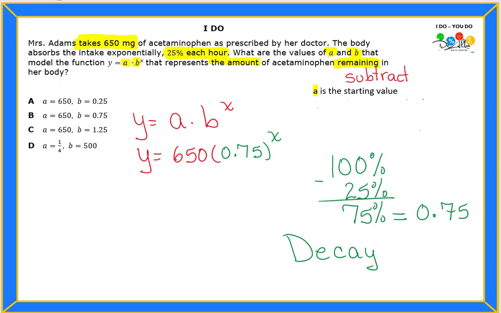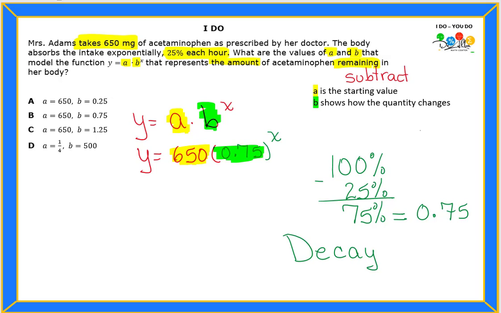And remember we said that B is how much the quantity is changing. So this is my A, which is how much we start with. And then we have B, and this is how much is remaining in her body after every hour.